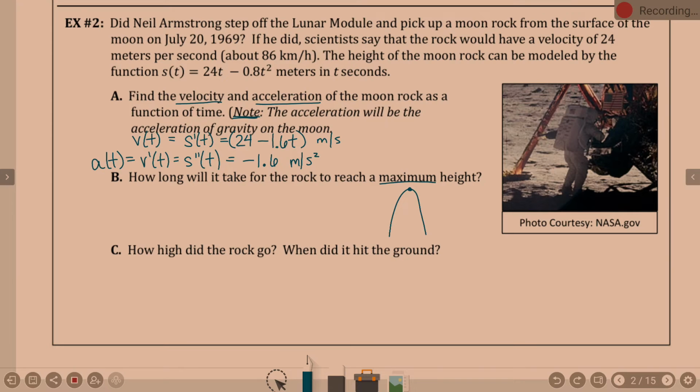So we are looking at setting our velocity formula equal to 0. Velocity was 24 minus 1.6t equals 0. So 1.6t equals 24, and t is whatever 24 divided by 1.6 is. I have 15 written down. 15 what? Seconds.